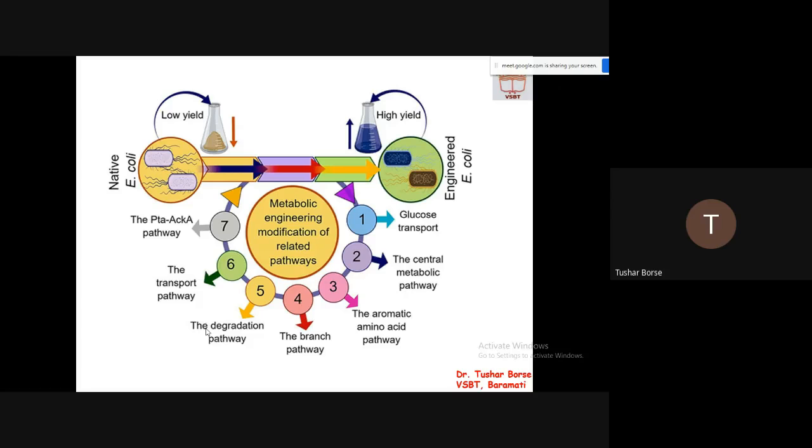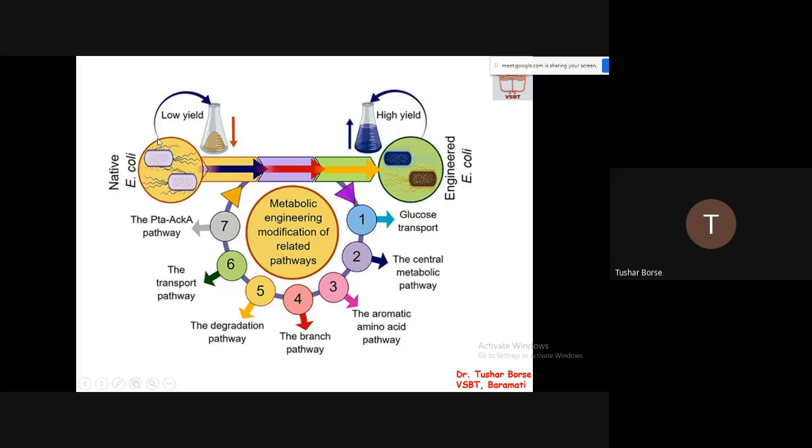Means the E. coli can produce the toxic compound, but I will add some genes into it, so that the genes will produce proteins which can degrade the toxic compound. I can modify the transport pathways also. You can modify the many signaling pathways also. So there are different ways where modification can be done in the native E. coli.